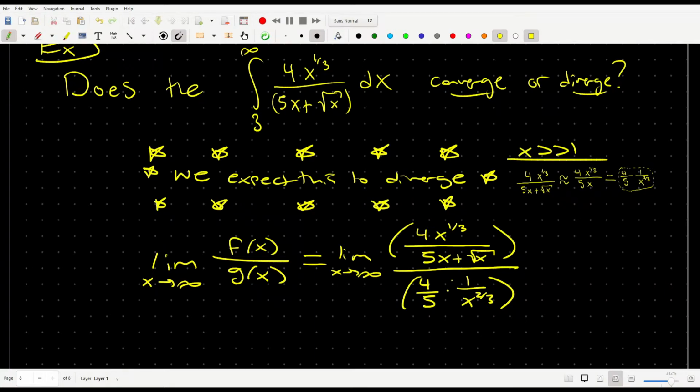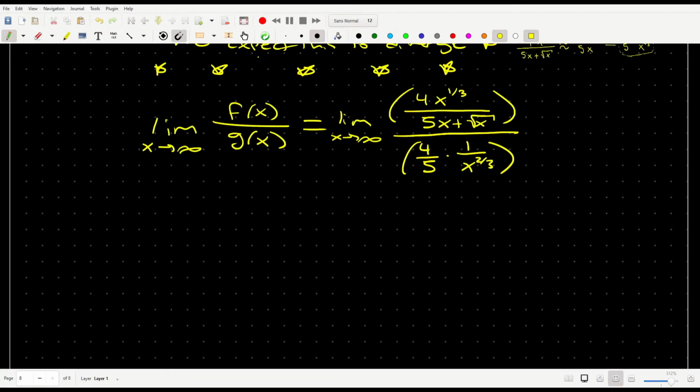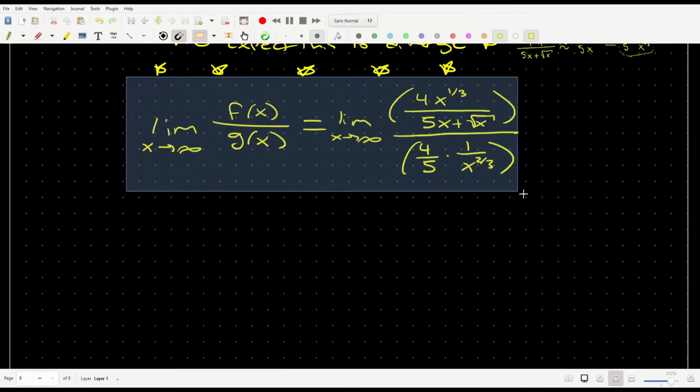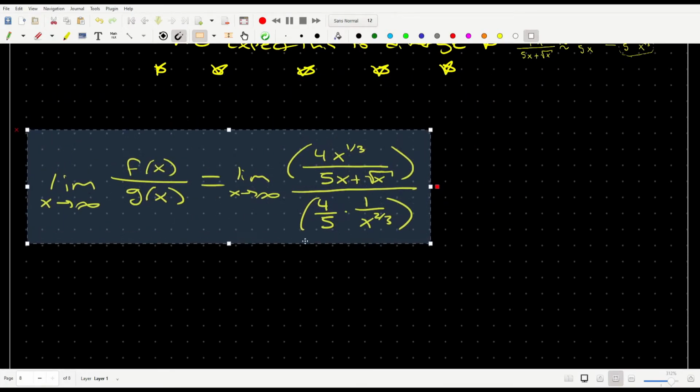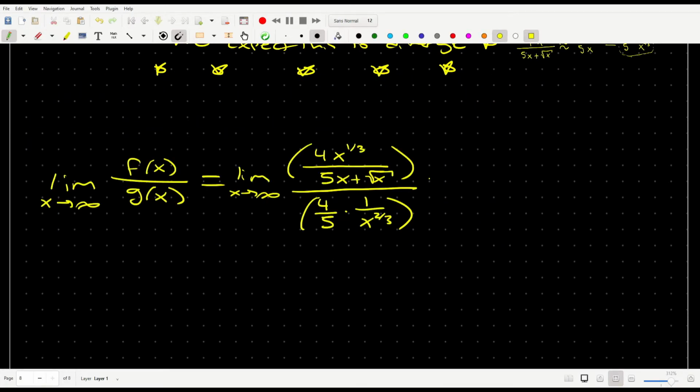And you'll remember from the statement of the limit comparison theorem, if this limit exists and is equal to a non-zero value, then the two improper integrals have to have the same behavior.